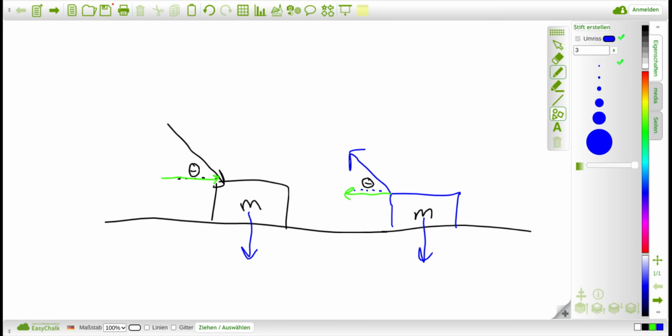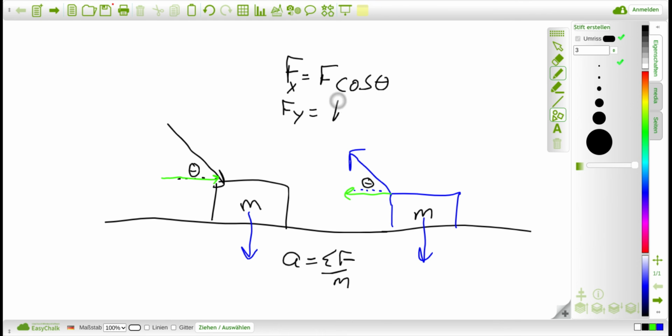So what we want to do is figure out the acceleration. And to figure out the acceleration of this box, we are going to say that the acceleration is equal to the sum of the forces divided by the mass. So in this box, there are forces acting on it, and the components of those forces are going to be Fx equal to the force times the cosine of theta, and Fy equal to the force times the sine of theta.